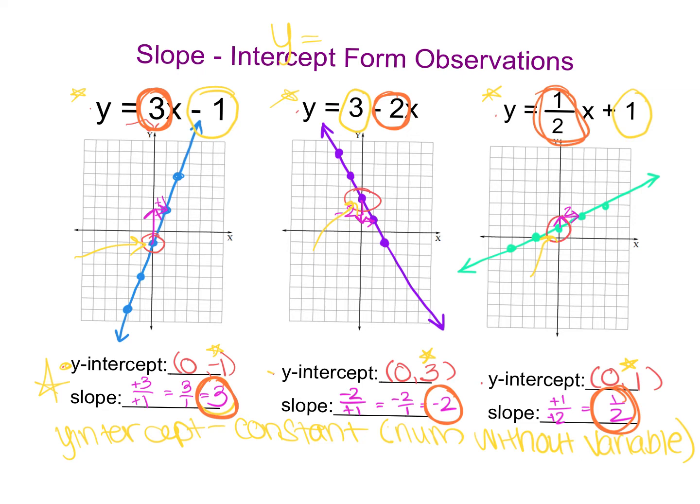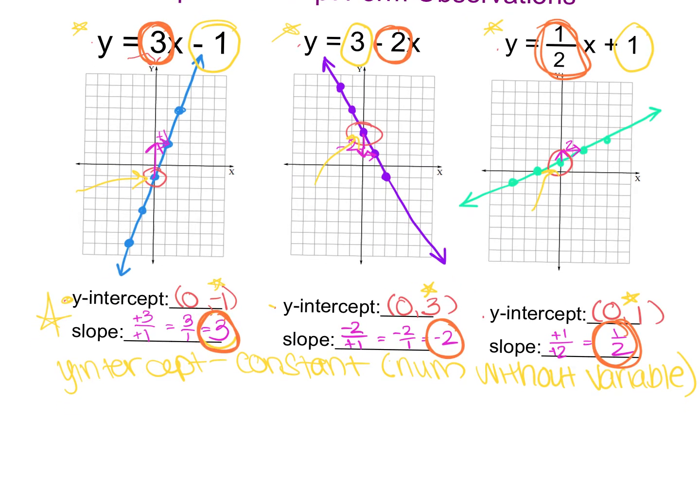So what's really cool about this y equals form is if we get y by itself, that constant term is our y-intercept, and then the slope of our graph can be found by taking the coefficient of x. So we're going to learn in this video how to use those values to our advantage to create a linear graph very, very quickly.